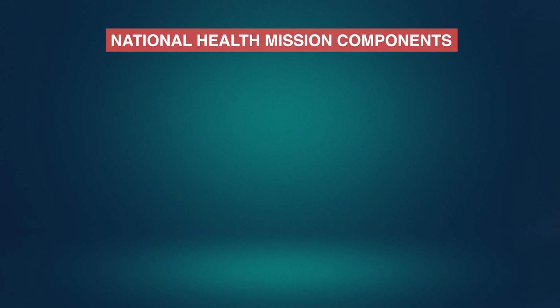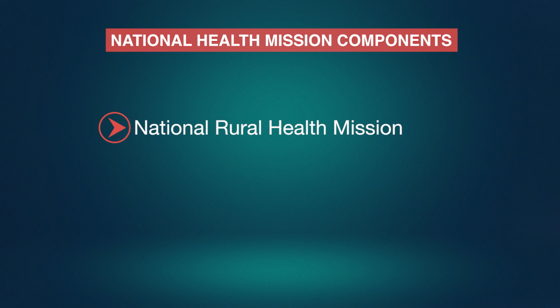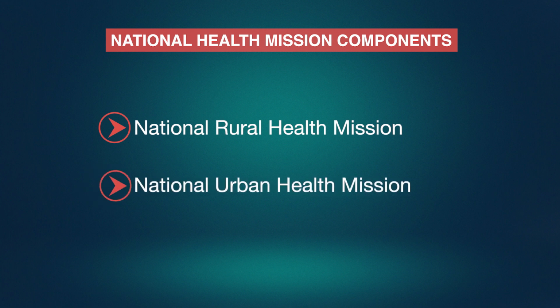in the year 2005. The National Health Mission is a comprehensive policy in order to provide efficient, effective, and affordable health care to all. The National Health Mission is divided into two parts. The main component of National Health Mission comprises a National Rural Health Mission as well as a National Urban Health Mission.